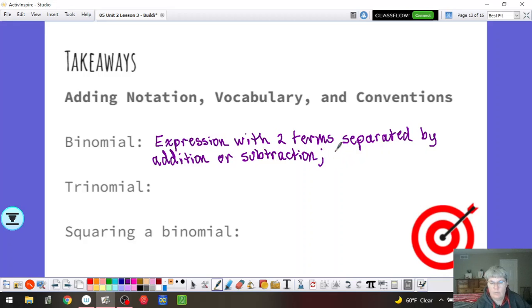An example would be 3x plus 5. I have two terms, 3x and 5, separated by an addition.